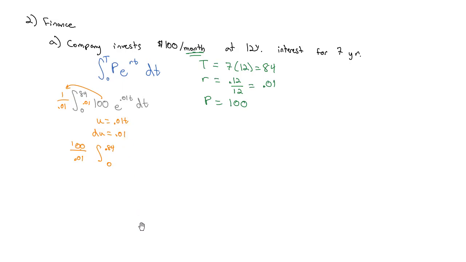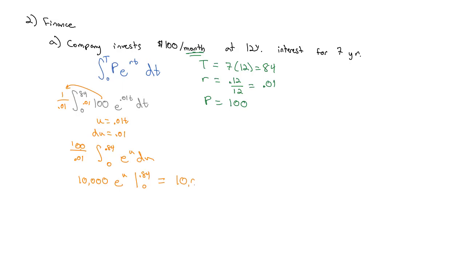So 0.01 times 84 is 0.84, times e to the u du. And if I calculate the 100 divided by 0.01, we end up with 10,000 e to the u integrated from 0 to 0.84.